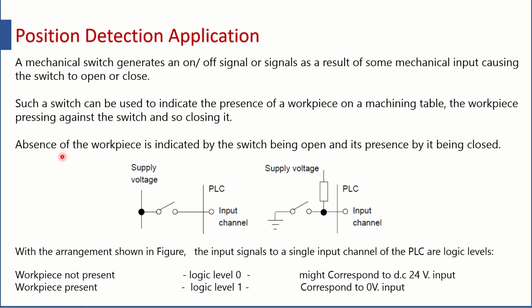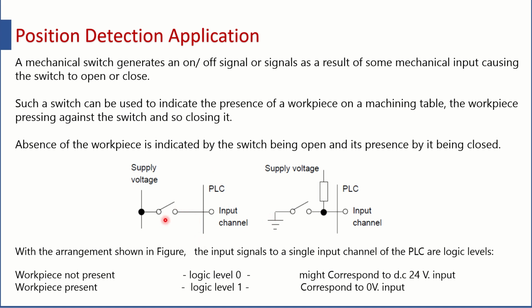Now you see here, absence of the workpiece is indicated by the switch being open and its presence by the switch being closed. Here, this is the supply voltage, this is the PLC input channel. This particular line shows that on the left side of it there is the outside world, and on the right side there is the PLC internal circuitry.